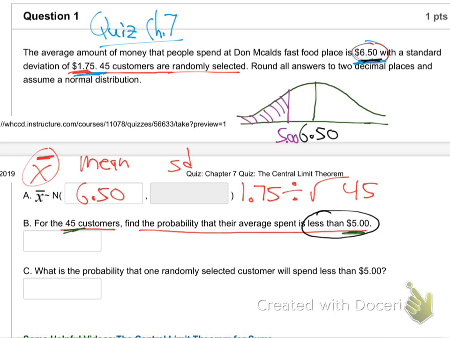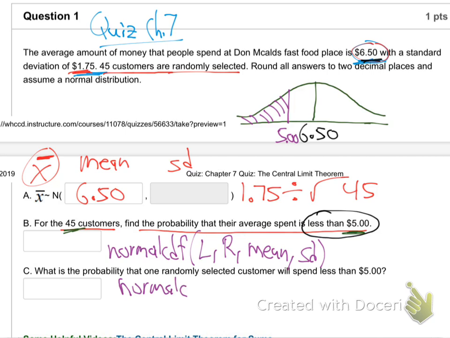So am I going to do normal CDF or inverse norm? Are they giving me an area or asking me? There's no area up here. They're not giving me an area, they're asking me. So that's normal CDF. You know the drill: left edge, right edge, mean, standard deviation.